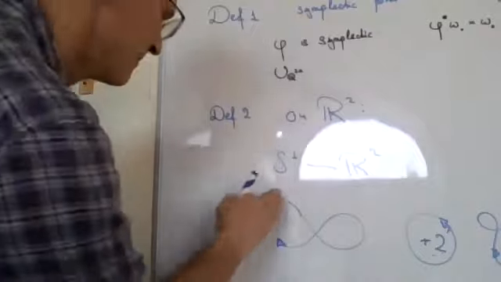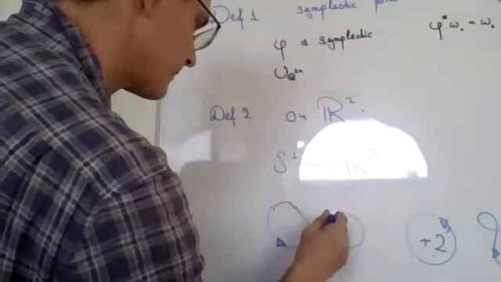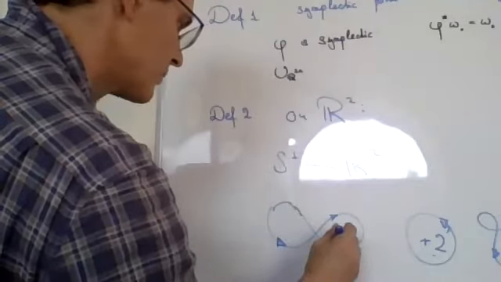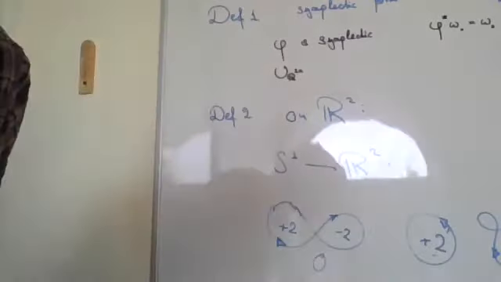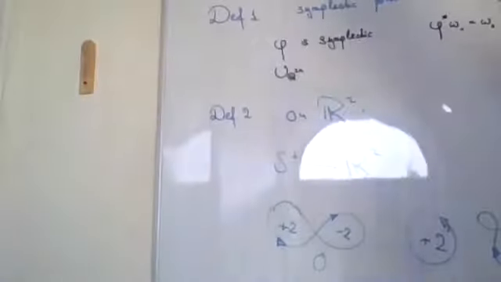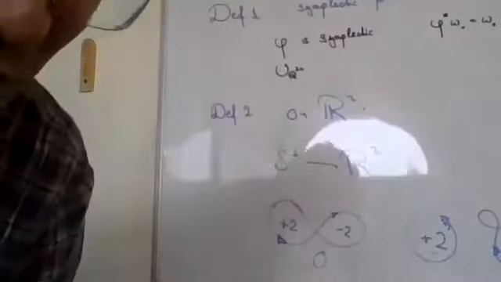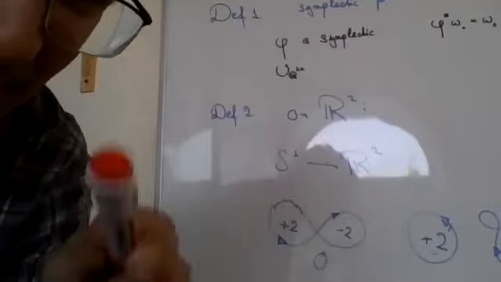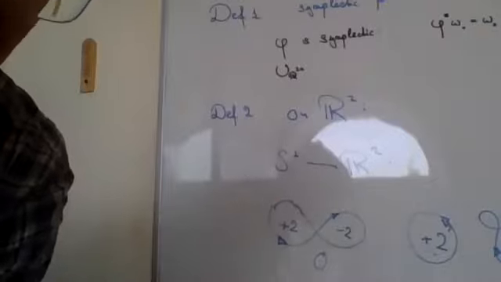And here it's maybe something like -2 + 2, so it's 0. It's just the oriented area. You just take this curve and decompose it into parts so that you get simply closed curves, and then you have an oriented area, and then you add it up.